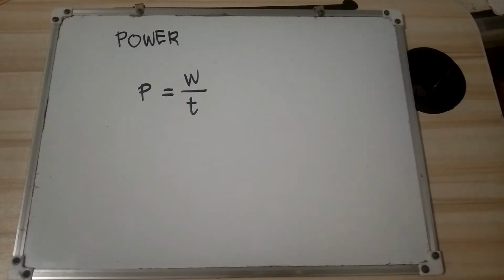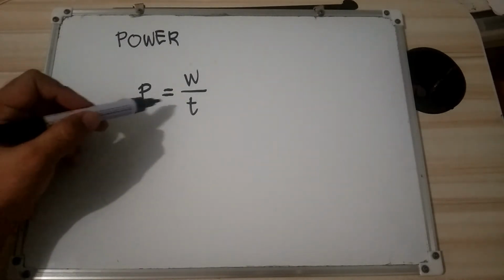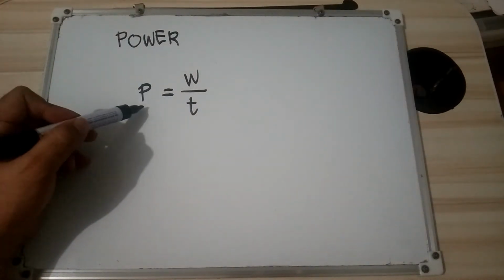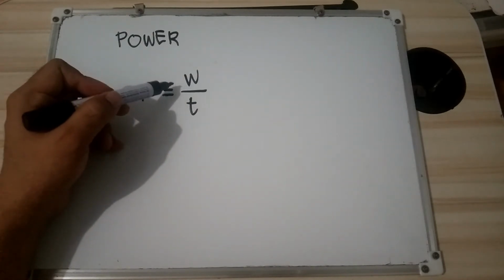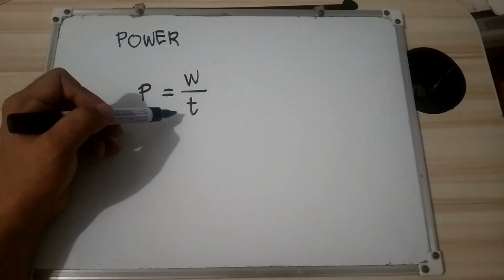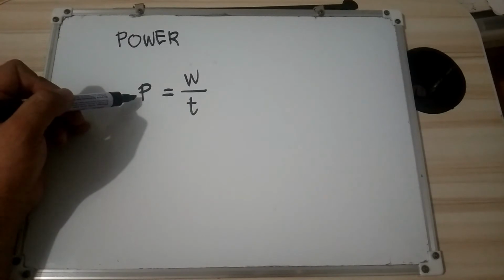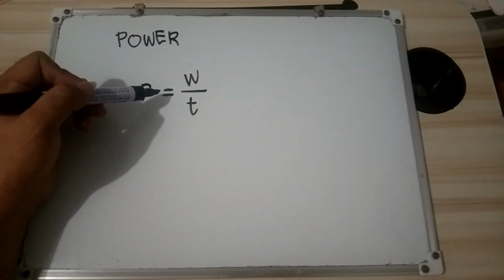Power takes into account the time taken to do the work. It is defined as the rate of doing work, or power is equal to work over time. In symbols, we have P is equal to W over T.